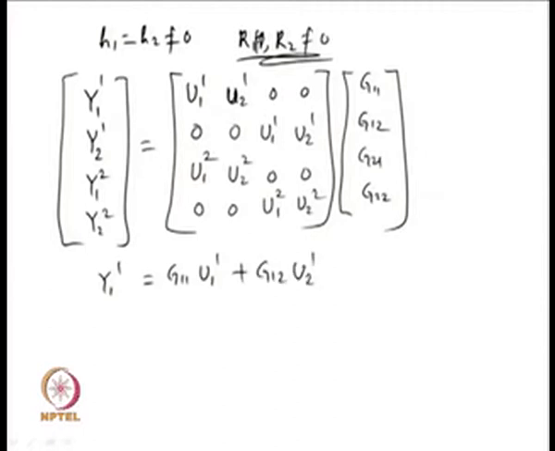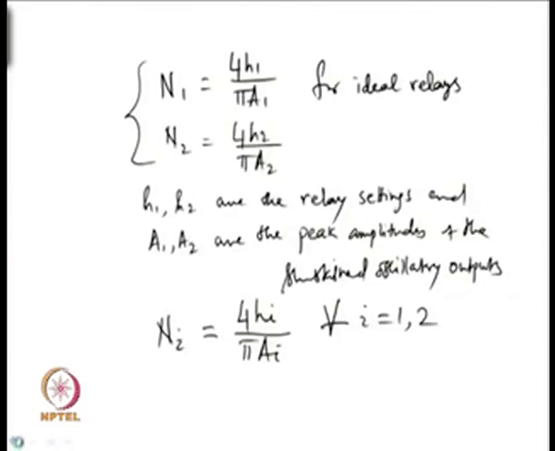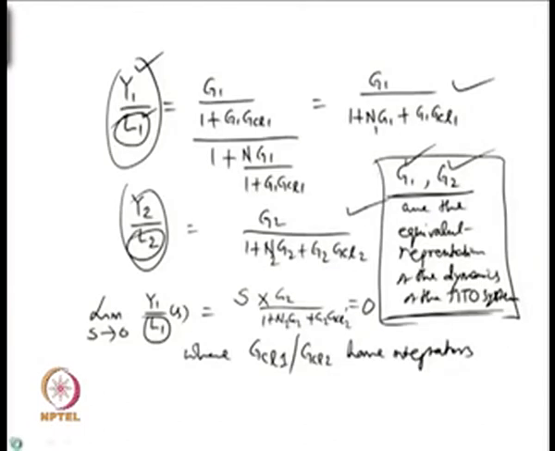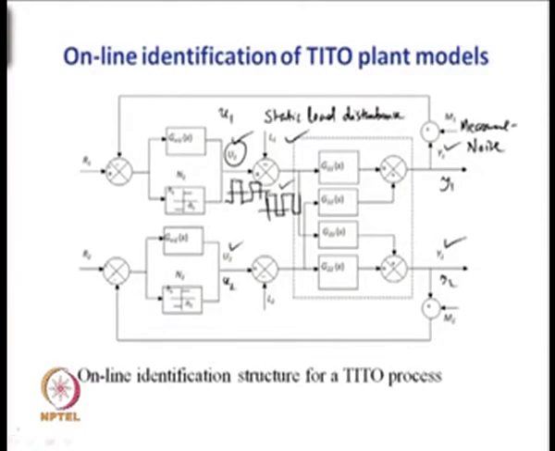So, in the first instant, forget about this first instant, then what are you getting? Y1 is equal to G11 U1 plus G12 U2. Is it so or not? Yes, definitely. If you see the block diagram now, what is your Y1? Y1 is made up of two components, G11 U1 plus G12 U2.